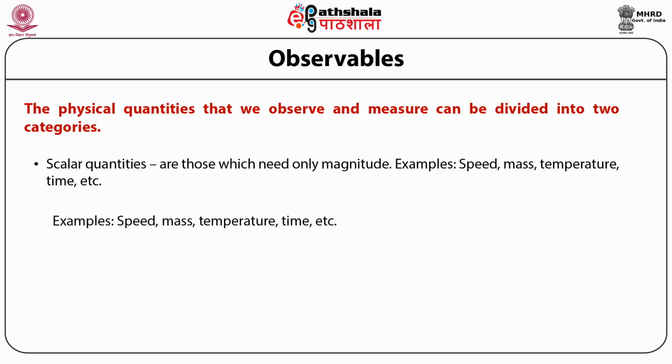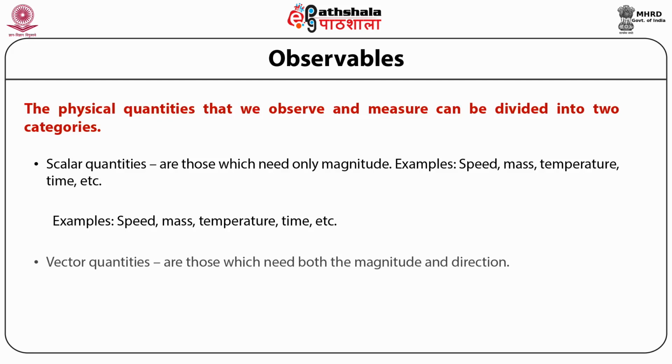For example, speed of a body, mass of a particle, temperature of a system, time, etc. The other category is vector quantities, which are those quantities which need both the magnitude and the direction to describe them. For example, velocity, displacement of a particle, force, momentum, etc. All these quantities require not only the magnitude but also the direction.